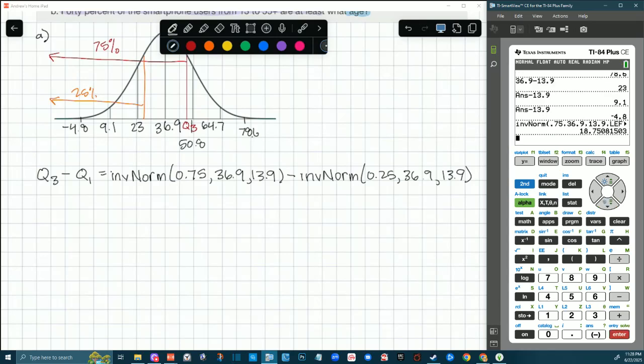So our interquartile range is 18.75. And that makes sense looking at our picture because I can see that I'm subtracting a number that's about 25-ish from a number that's 40-something. So I should get something that is about 20-something.